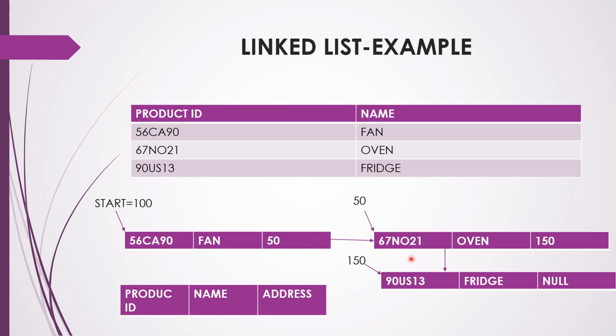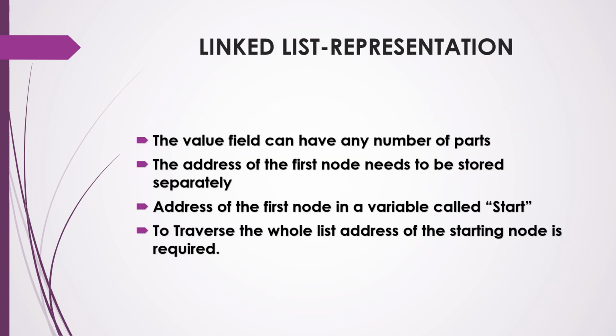So it goes to 50. In 50 we have the second product data, ID and name, and finally you have the address of the next element, that is the third product. The third product has been stored in the address 150. So value fields are product ID and name, and then you have the address.